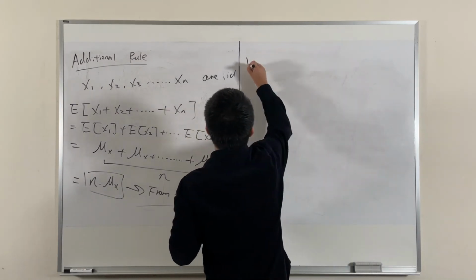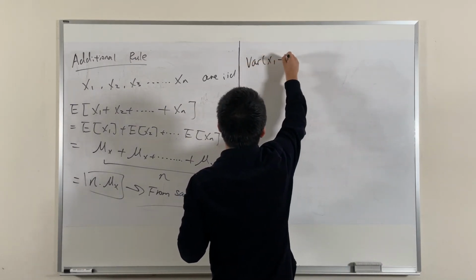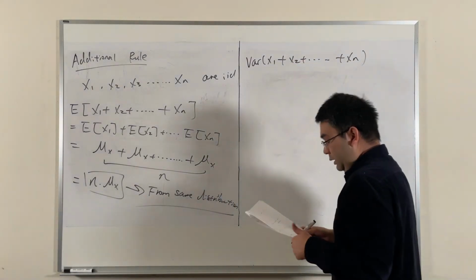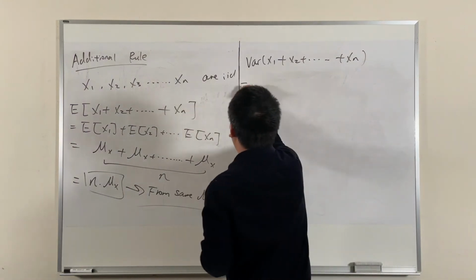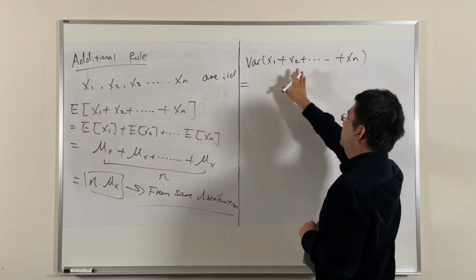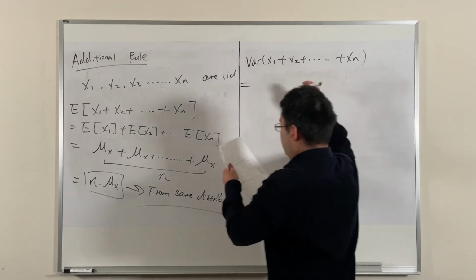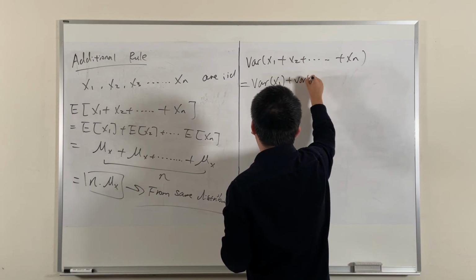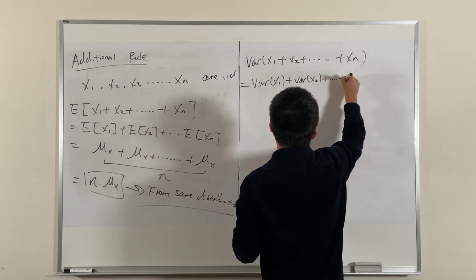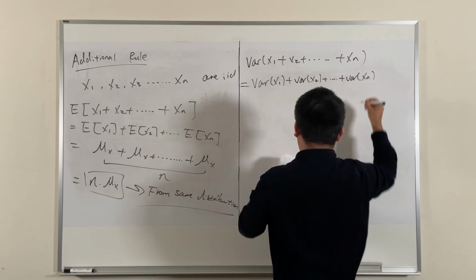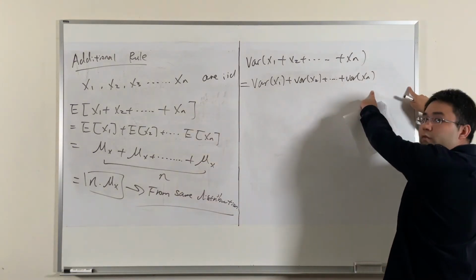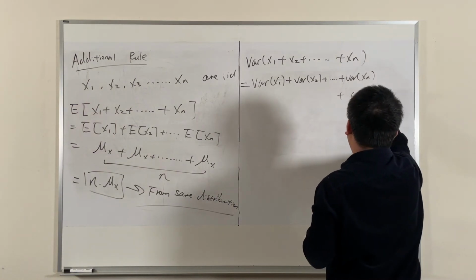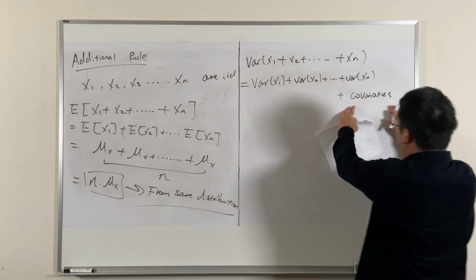Next, let's do the variance. The variance of x1 plus x2 plus all the way to xn. Remember the formula for x plus y, but now with more terms. In theory, we should have the variance of x1 plus the variance of x2 plus the variance of xn, and then we have to worry about a bunch of covariances.